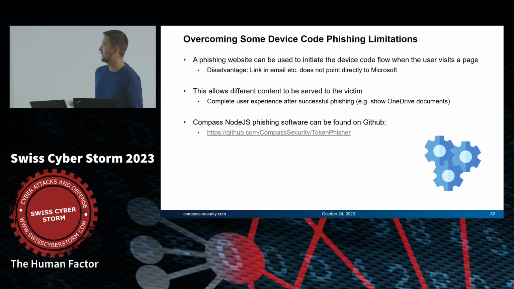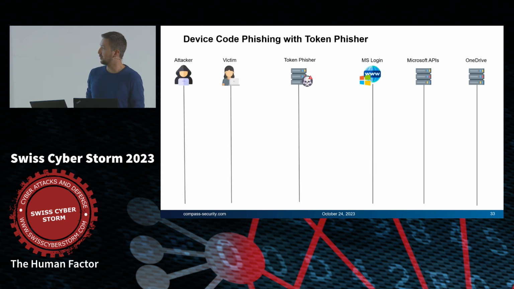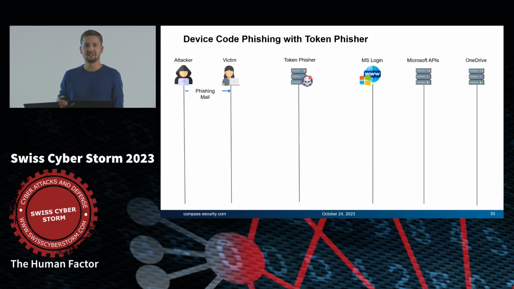Half an hour ago, I also released this tool called Token Fisher in our GitHub repository, which does exactly that. And with Token Fisher, an attack would look something like this. We have our phishing mail where we say, hey, I want to send you some data via OneDrive. Please use this user code or access code to gain access to it.